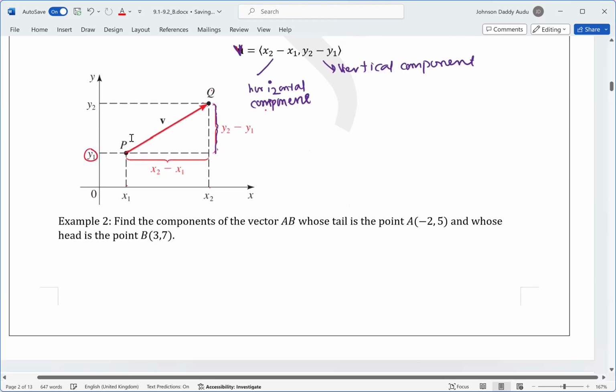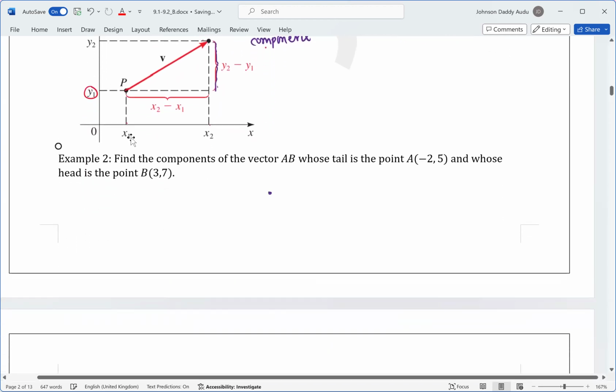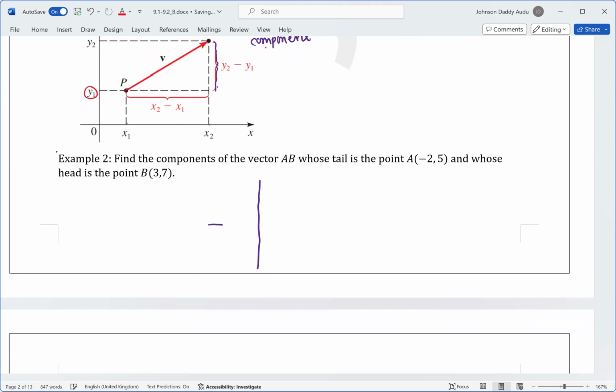Okay, so let's see, we have this example 2 here. What is this saying? It's asking us to find the components of a vector AB whose tail is minus 2 and 5.